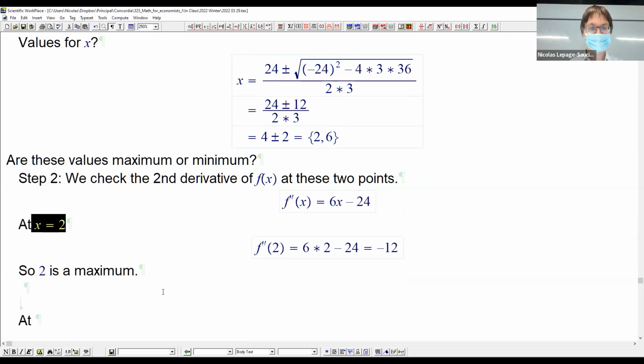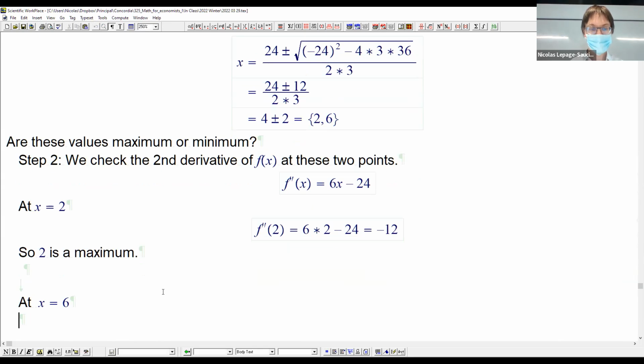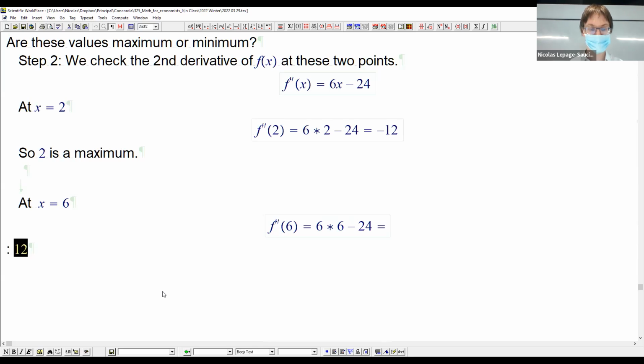So let's just write it. At x equals 6, we have that the second derivative is 6 times 6 minus 24. So that's 36 minus 24, which is equal to 12. So what do we have?